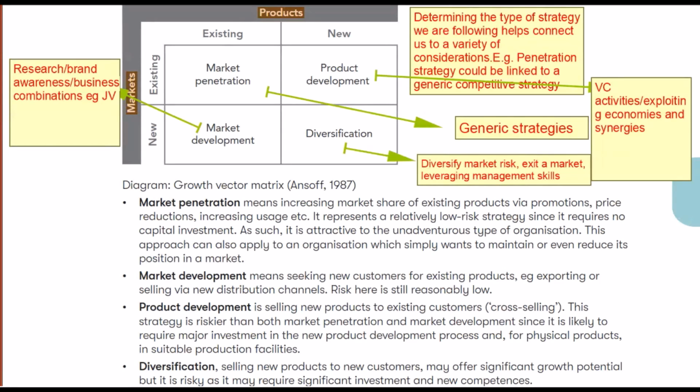If you are, for example, taking an existing product into a new market, then we would call that a market development strategy. If you are taking a new product into an existing market, then we would call it a product development strategy, which is all well and good. But here's the thing.